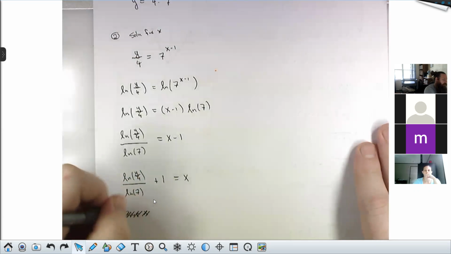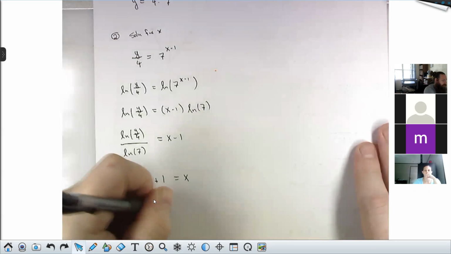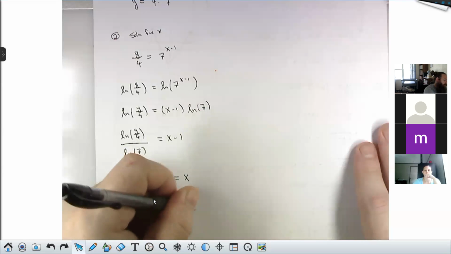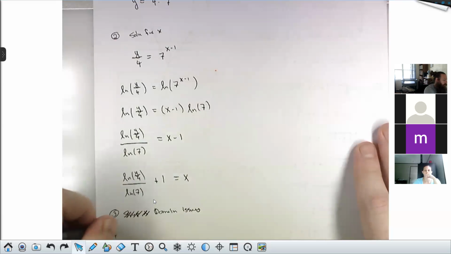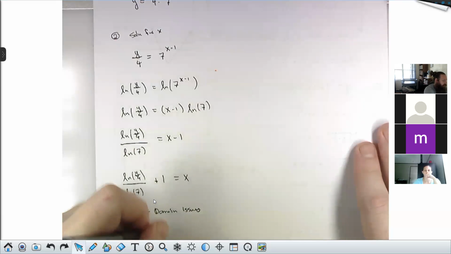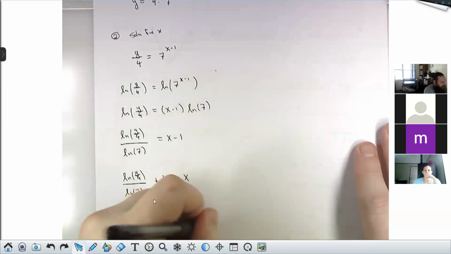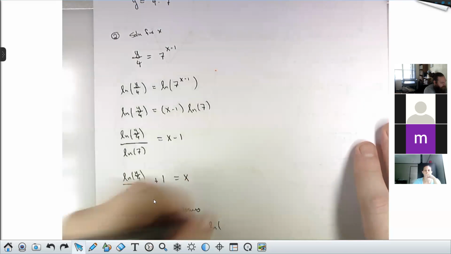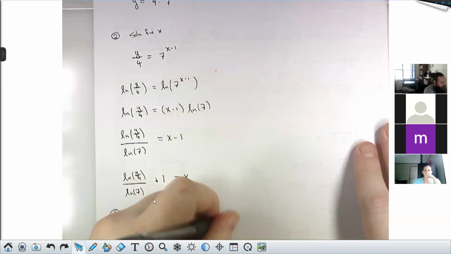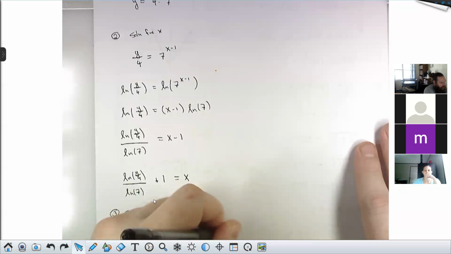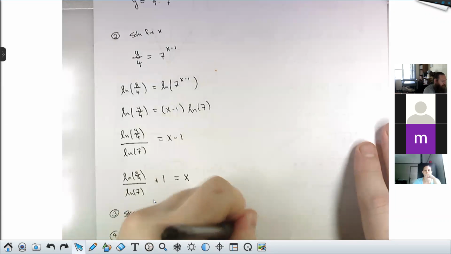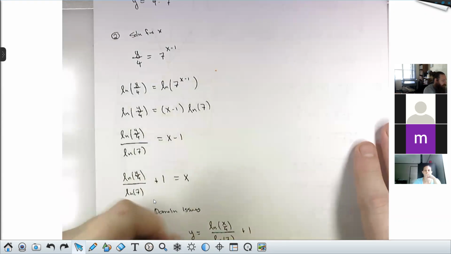We think about domain issues here, but there aren't any. So then we swap x and y. So we get y equals the ln of x over 4 divided by the ln of 7 plus 1. And that is your inverse.